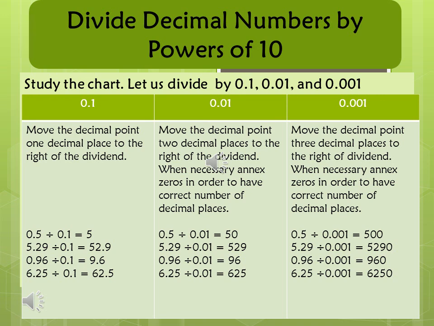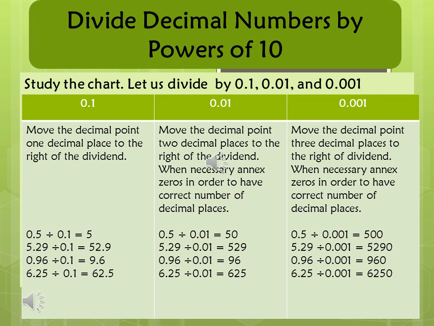Pag-divide naman ng 100s, move the decimal point 2 decimal places to the right of the dividend. When necessary, annex zeros in order to have correct number of decimal places. So, i-move natin ang decimal point ng 2 beses papunta sa kanan ng dividend at kung maaari, pwede kang magdagdag ng 0 para maging maayos ang decimal places.